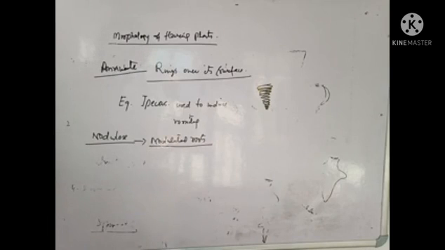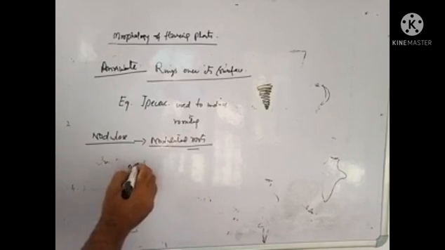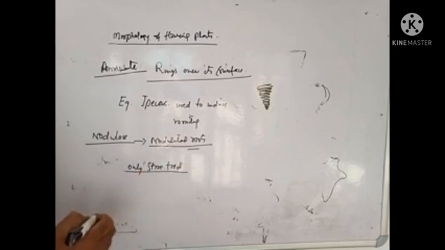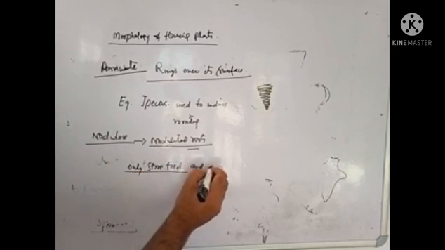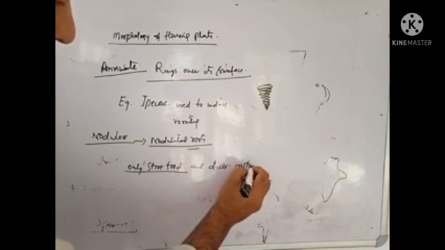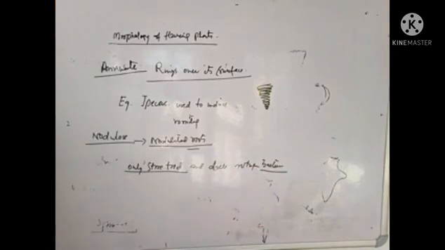Here the tips of adventitious roots swell to form nodules, but these nodules only store food and lack nitrogen fixing bacteria, so they do not help in nitrogen fixation. This is the difference between nodulose and nodulated roots.